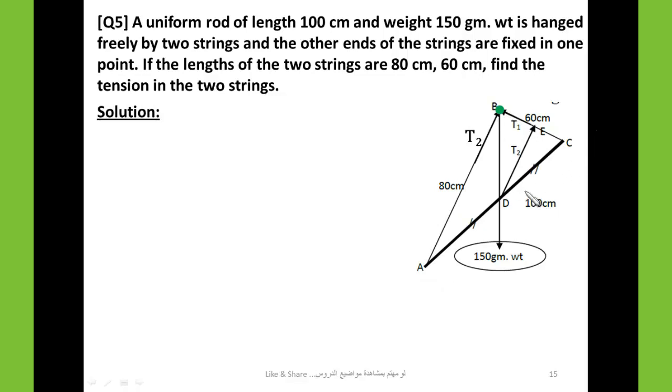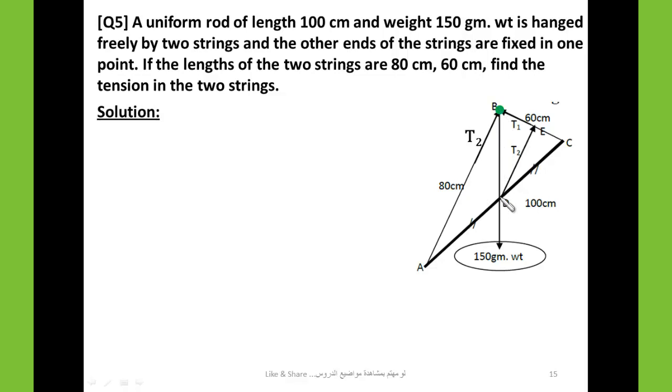Then triangle ABC is a right angle triangle at B. BD is the median from the right angle, so its length equals half the hypotenuse, half of 100, so BD equals 50 centimeters.